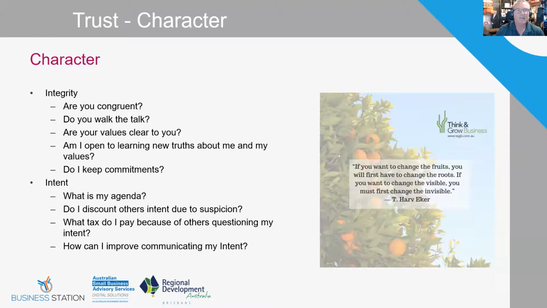And we end up with a bit of a tax here. So do I discount others' intent due to suspicion? Someone may have contacted you in the past to offer you a service or something that they believe can add value to your business. You're not quite sure of their agenda, whether they're genuinely here to help you or whether you're just another piece in the sales pipeline.